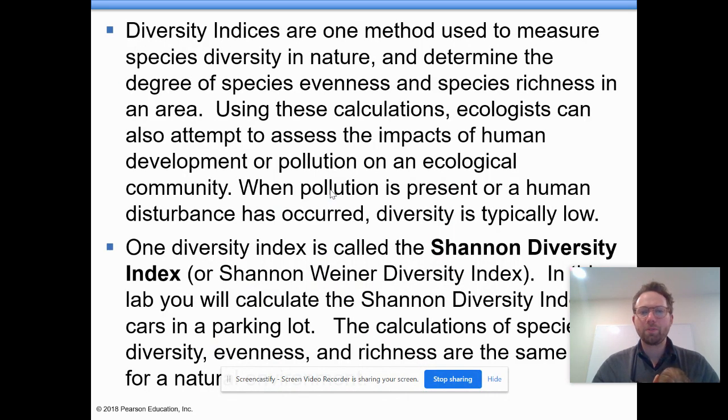And we have a couple of ways of measuring diversity. One that we learned in class is the Shannon Diversity Index, or the Shannon-Weiner Diversity Index, where we measured the cars in the parking lot. We looked at what types of cars we had, and we studied both the richness and the evenness of each of those.